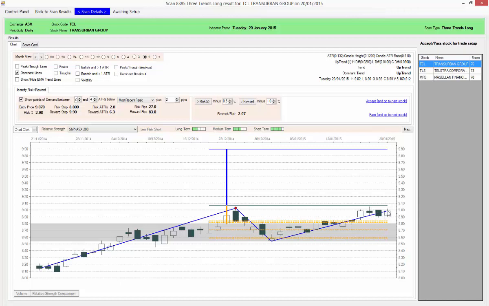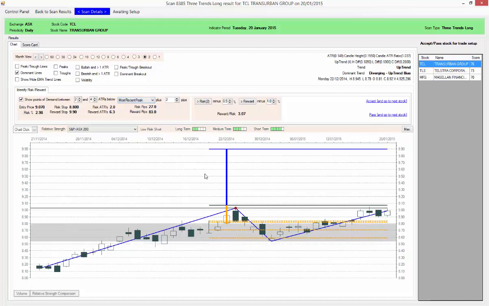We have a white-bodied candle indicating that there is now demand back in the market, but the system has chosen by default that we should respect this point of demand, and we should choose an entry price above the peak as opposed to an entry price which is just the high of the current period.